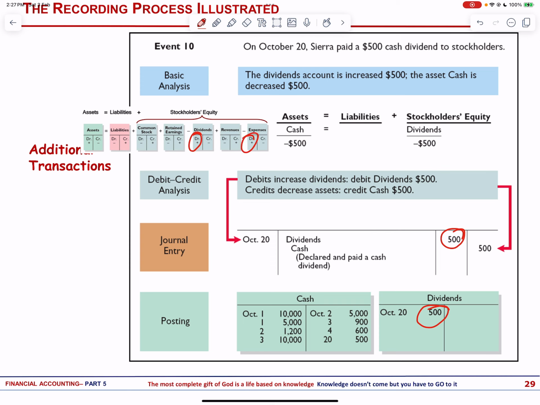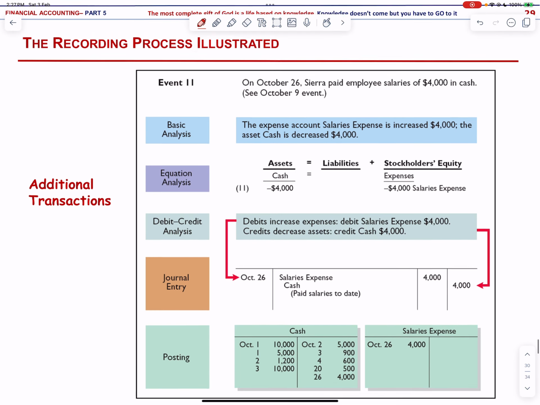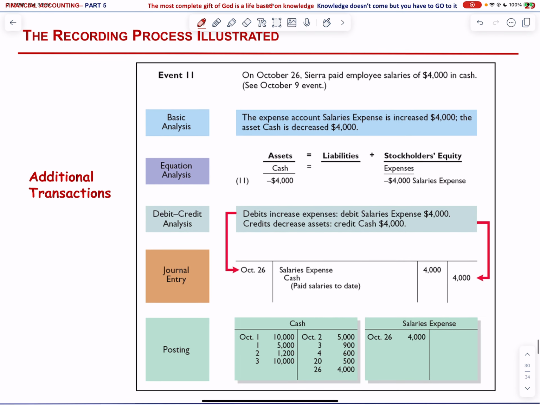So dividend is debit by 500 and cash is credit by 500. Next we have salaries expense, and salaries expense is debit, so that's why this is put on the debit side, and cash is credit by 4,000, and that's why this is put on the credit side.